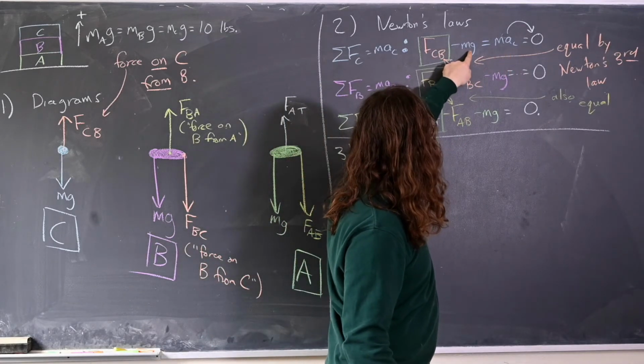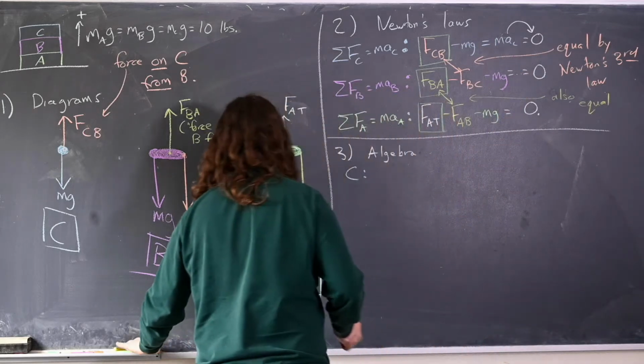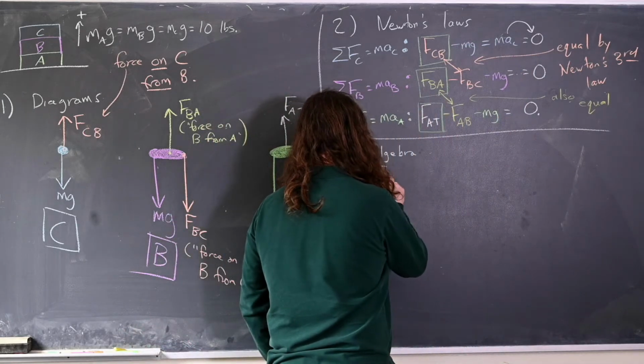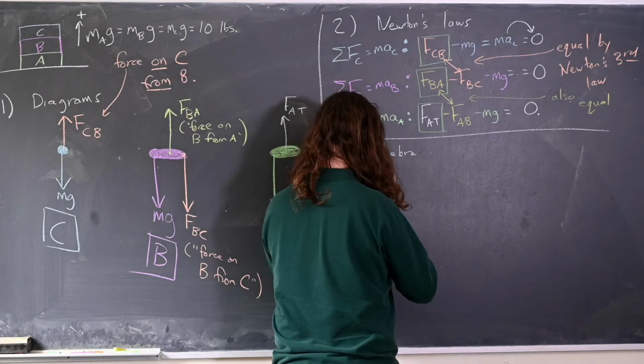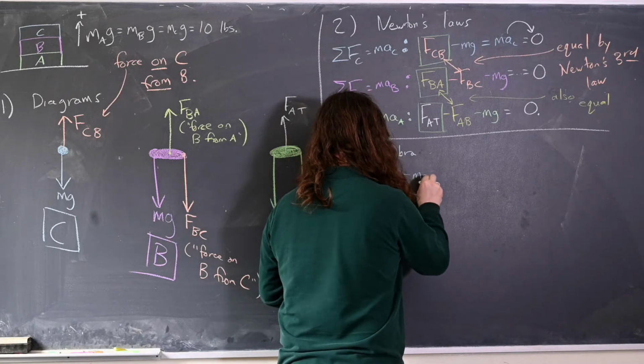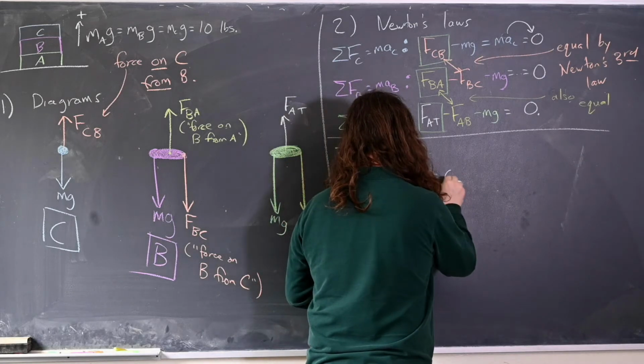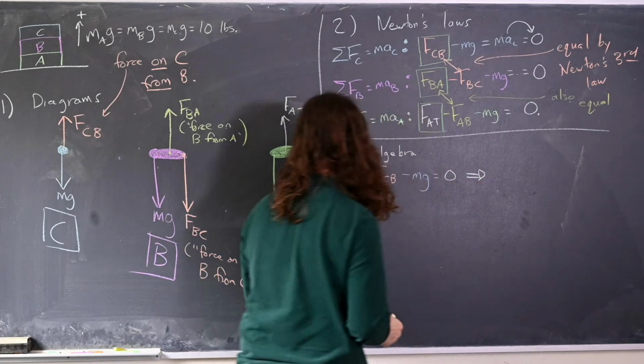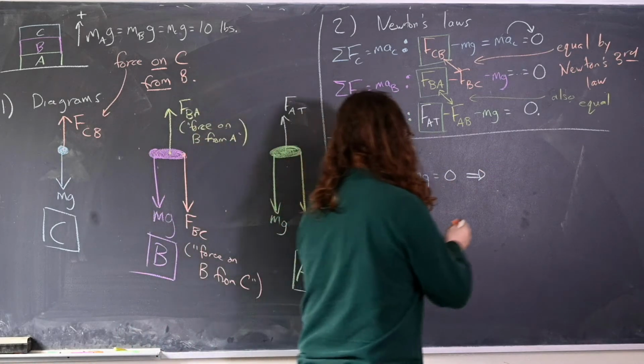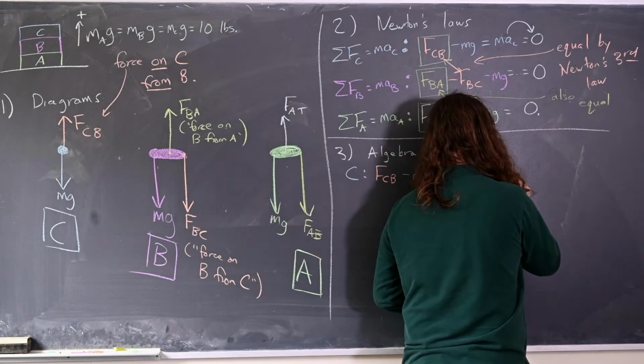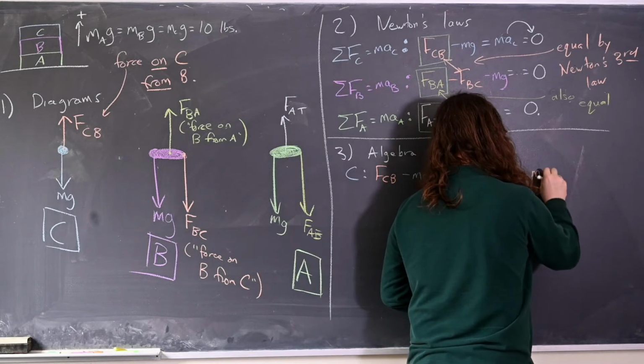I've got 2 terms on the left-hand side equals 0. So I have FCB minus mg equals 0 tells me right away, if I solve for FCB, FCB equals mg.